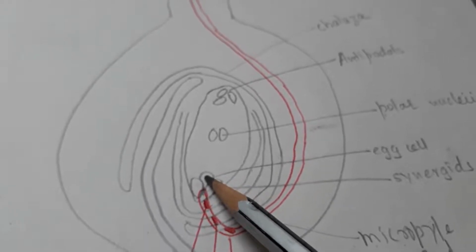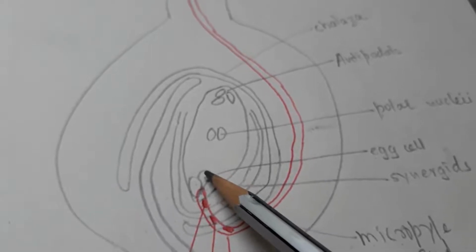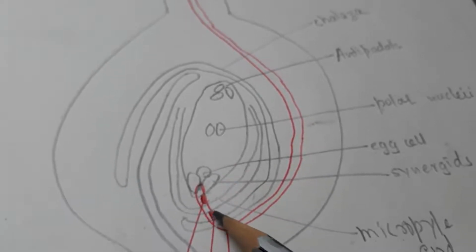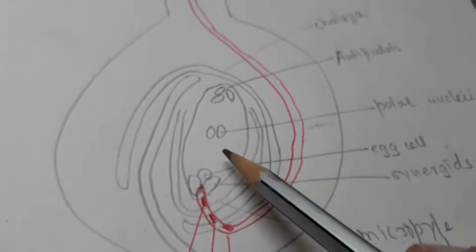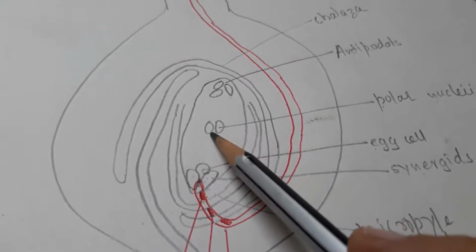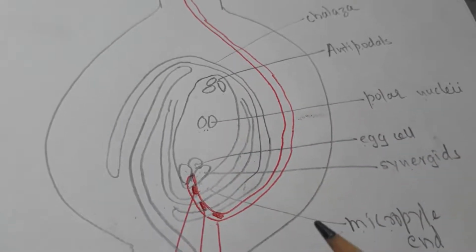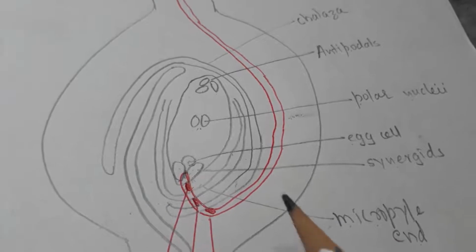One will fertilize the egg cell. One male gamete will come and fuse with this. Another male gamete is released inside and goes towards this side, the polar nuclei. What is going to happen as a result of that?